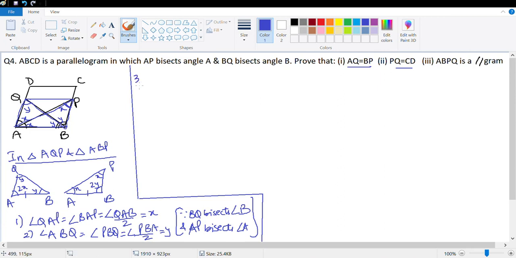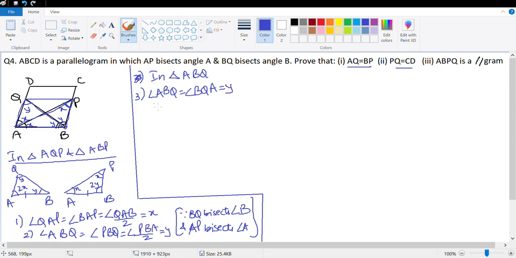Let's look at number 3. So now in triangle ABQ, what we have is angle ABQ is equal to angle BQA is equal to y. Why is this equal to this?